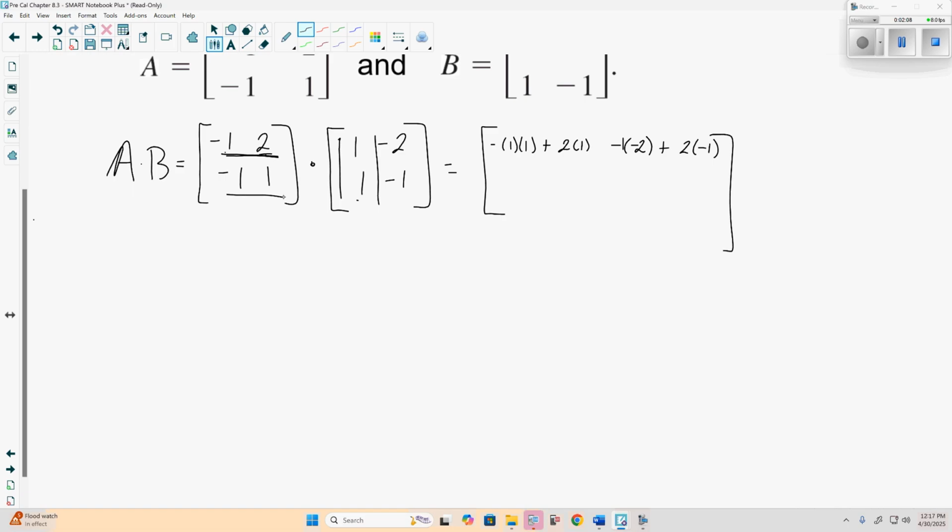Then we do the same thing with our second row, first column, negative 1 times 1 and we have 1 times 1 plus 1 times 1. And lastly, we go over and down again, negative 1 times negative 2 plus 1 times negative 1.